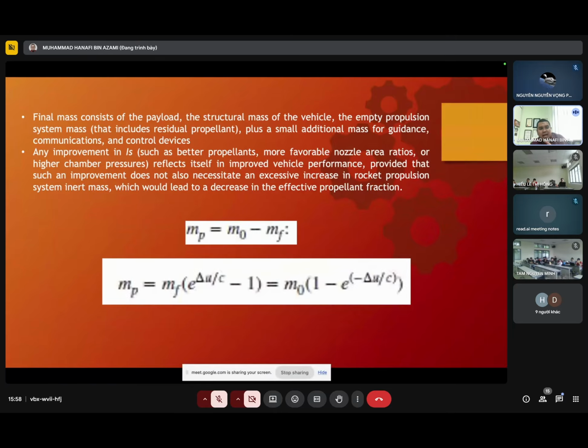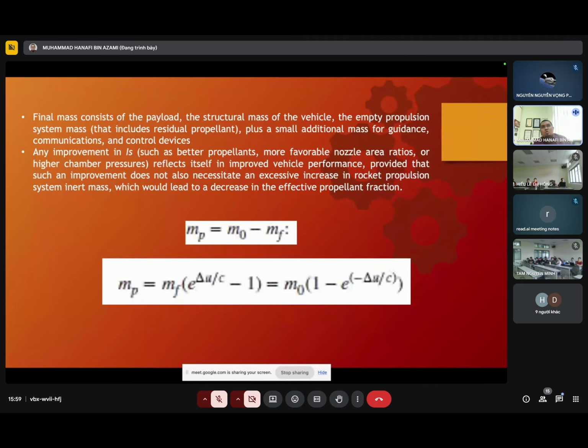Any improvement in Isp, the specific impulse, such as better propellants, is what we look for. A parameter that we see in propellants is that they have a higher heating value. What is a heating value? Heating value is the amount of energy it can give per 1 kilogram of fuel.